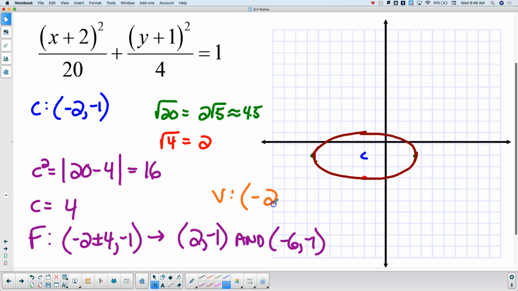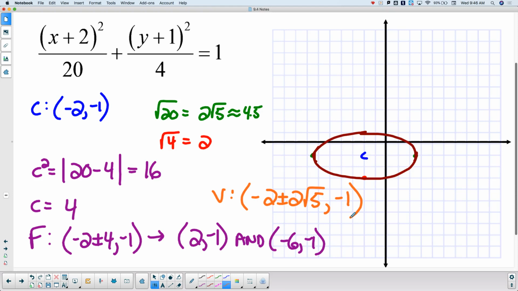Love it. Because it's A away, right? And A is A left and right. And so A is 2 square roots of 5. So I've got to add and subtract 2 square roots of 5. Adding it goes to the right, subtracting it goes to the left.